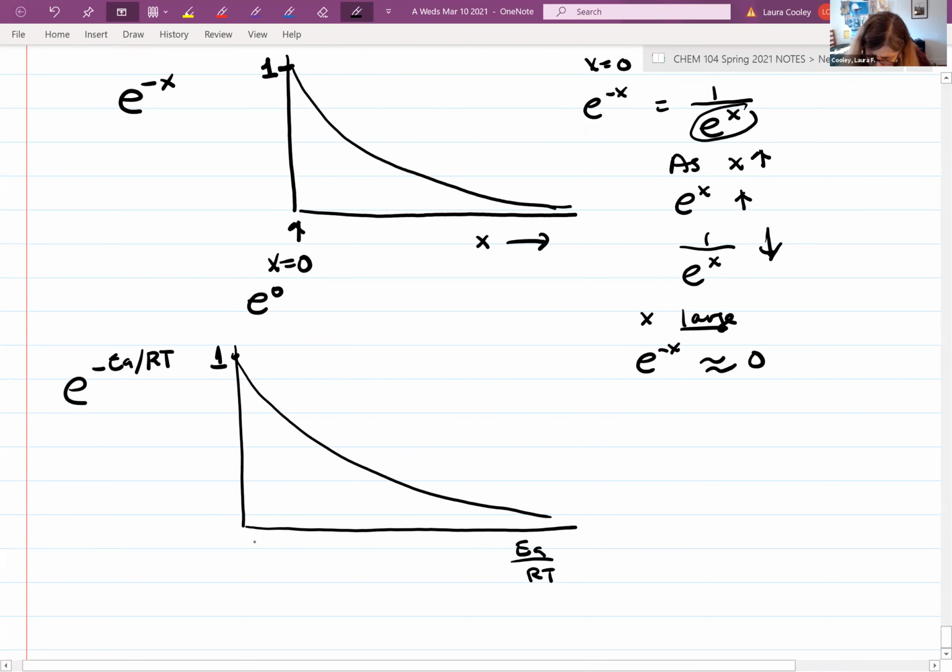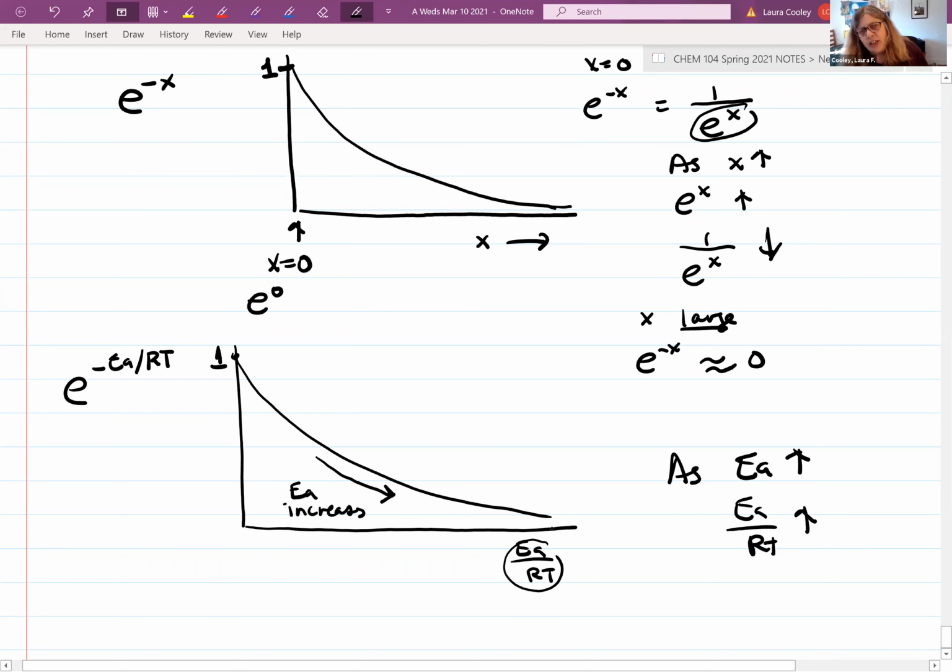So as the activation energy increases, Ea over RT increases. So that means we're going in this direction on the curve. This is the direction for Ea increases. So as the activation energy increases, the value of that curve, which means the fraction of collisions with the activation energy, will drop.